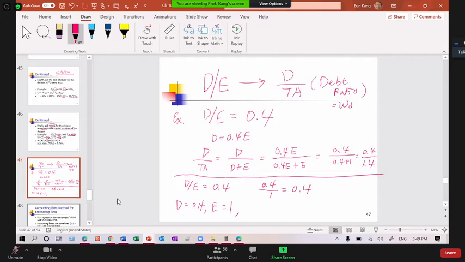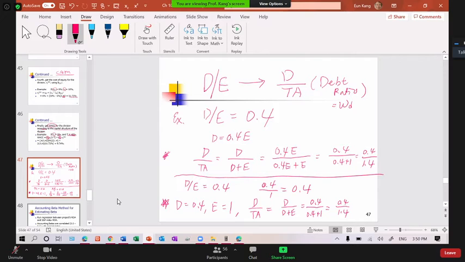Then you save time rather than doing it the other way. It is better to start with D is 0.4, E is 1. Then D over total asset is D over D plus E. D is 0.4 and E is 1, and then you get 0.4 over 1.4.